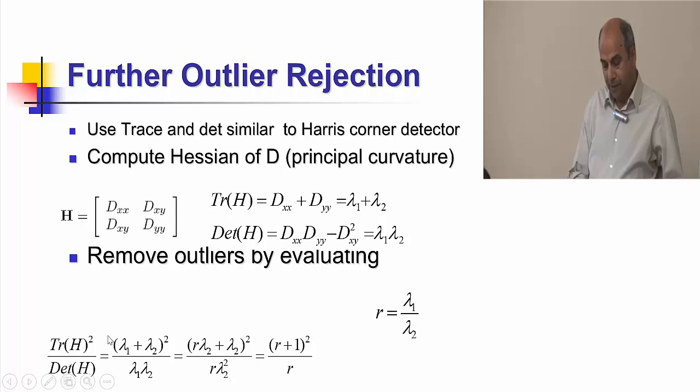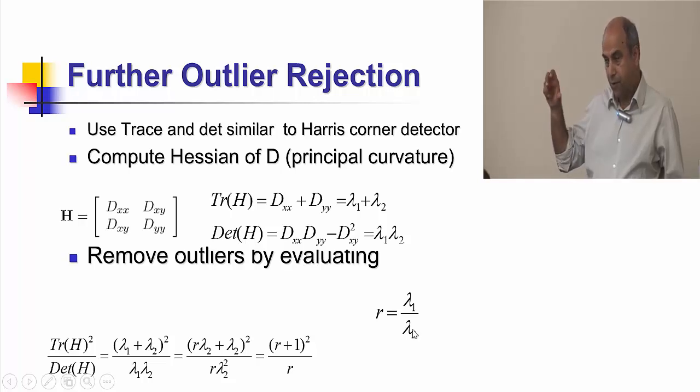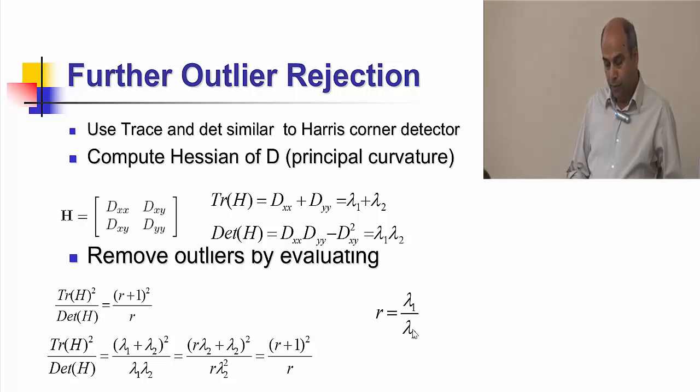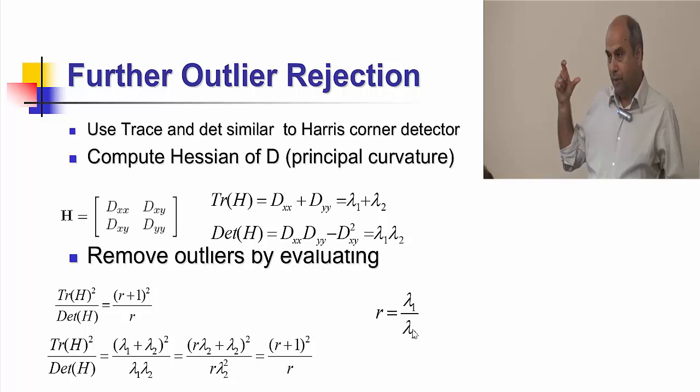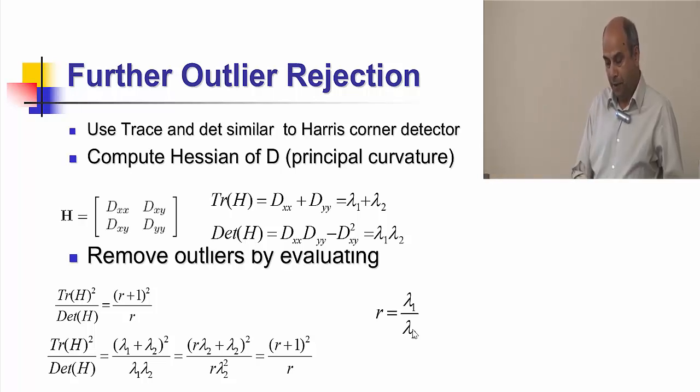So if you take the trace squared divided by determinant, then this is the definition of trace, summation, square, and product of eigenvalues. We simplify, and you come up with this expression, where R is the ratio of these two eigenvalues, lambda 1 divided by lambda 2. Okay, so therefore we are going to use this ratio of trace squared divided by determinant, which will give us some idea about the ratio of these two eigenvalues.